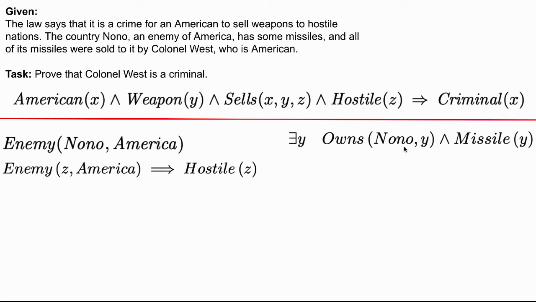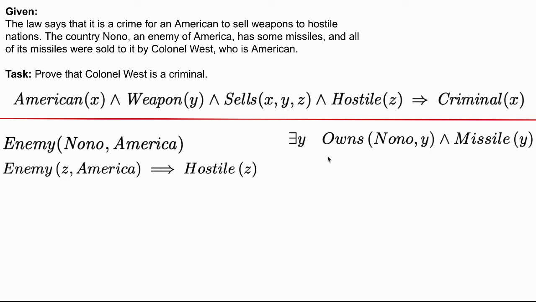Let's see what else we have got. We know that Nono owns a missile. It says the country Nono, an enemy of America, has some missiles. So there exists a Y for which Y is a missile and for which Y is owned by Nono. So this also has been verified.